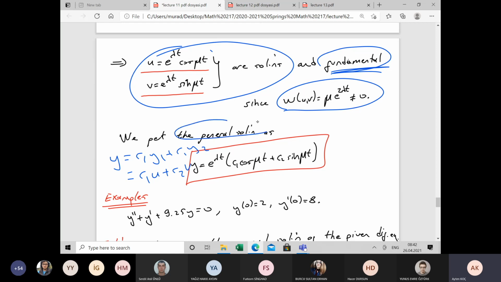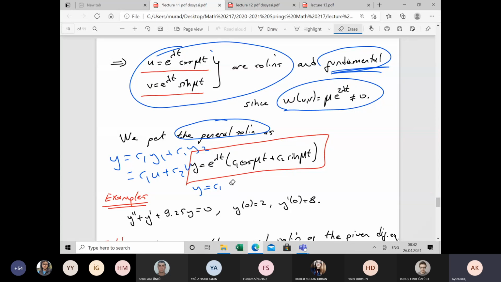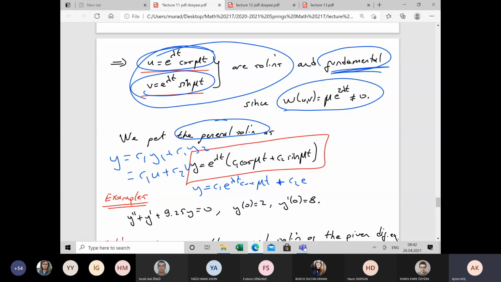What is the general solution? We know the general solution is C1 times the first fundamental solution. What's the first fundamental solution here? It is e to the lambda t cosine mu t, plus C2 times the second solution, e to the lambda t sine mu t.